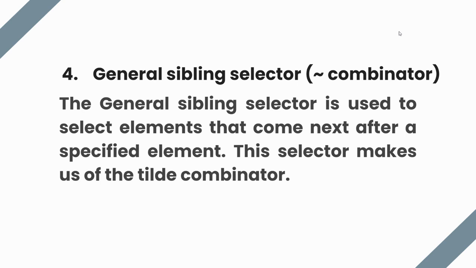This only selects elements that come next after a specified element. That basically means both the elements that come directly before and after that particular element would get styled using this selector. And this selector makes use of the tilde combinator.